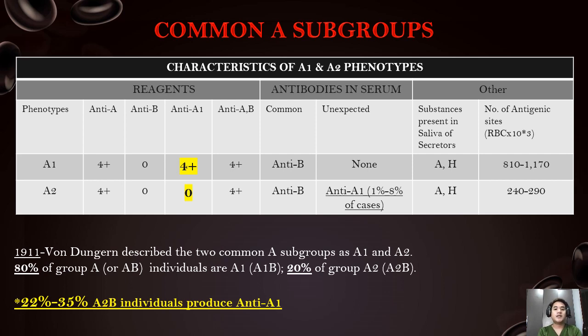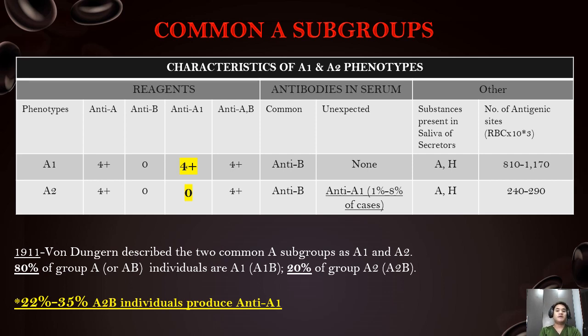Included in this table are your reagents, which include anti-A, anti-B, and anti-A1 lectin, also your special polyclonal antibody, anti-AB. This is polyclonal since it has multiple antigenic specificities, meaning it will agglutinate in the presence of A antigen, or of B antigen, or present a positive reaction if both antigens are present.